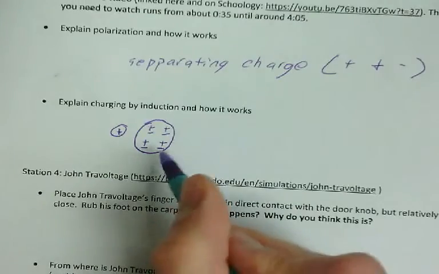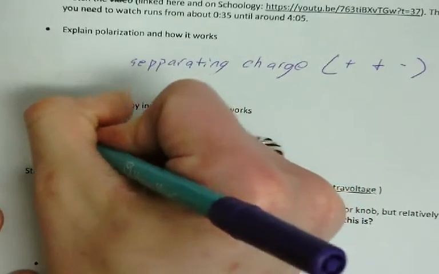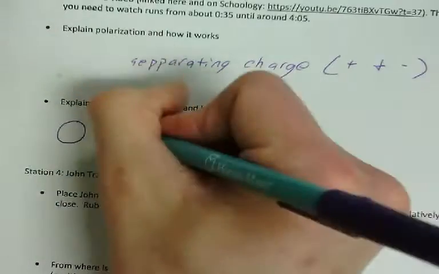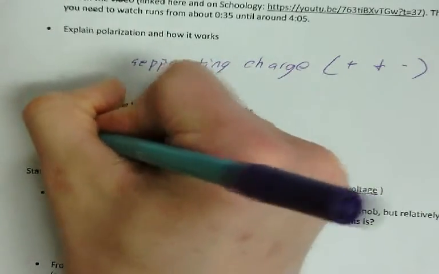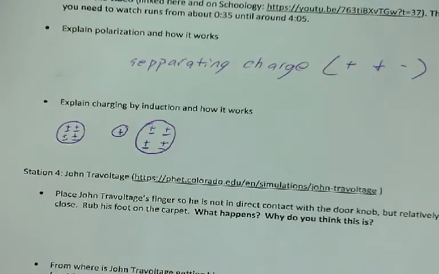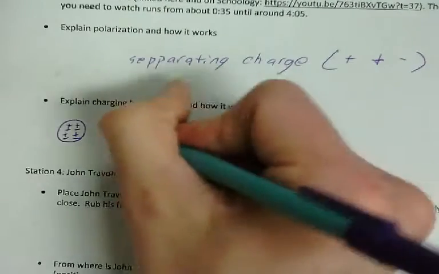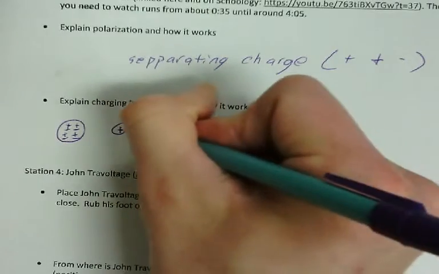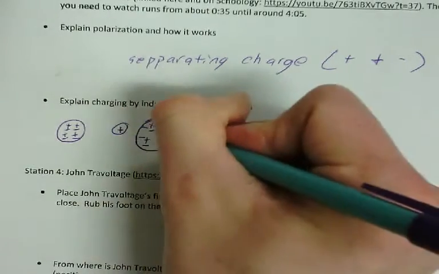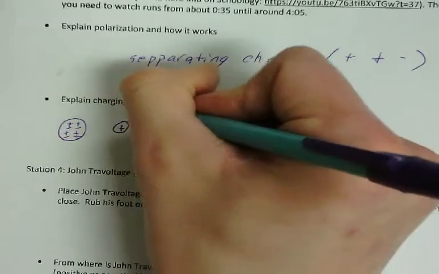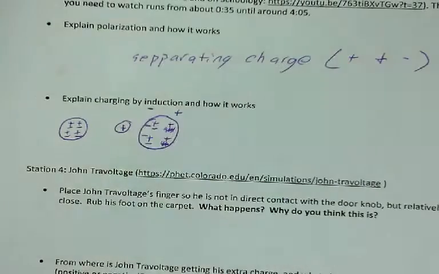So you start off with something neutral. Same number of protons and electrons. You bring a positive or a negative object over, and that switches the charge. So now these electrons that were over here come over here. So now this has a negative charge on this side and a positive charge on this side.